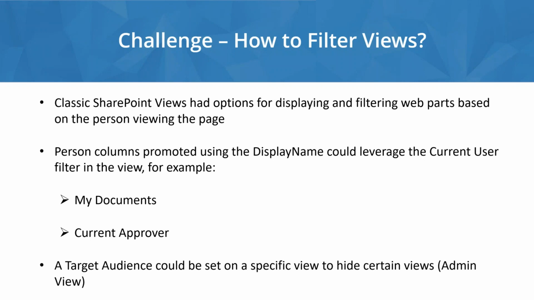But that current user filter option is not available in the modern view. What is available is we can take advantage of the person columns that are available in form libraries or document libraries or lists.